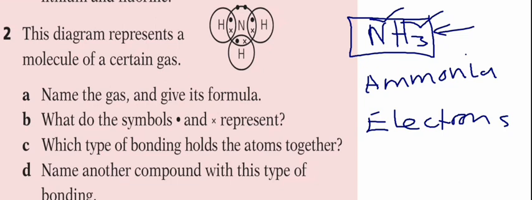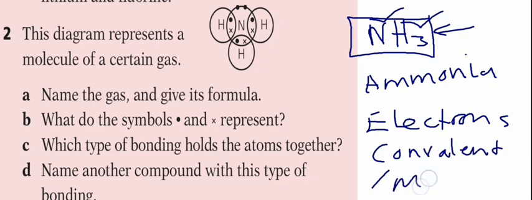Hydrogen can be a metal or a non-metal, but here it falls under ammonia, which is a gas, so it's a non-metal. The type of bonding that exists between two non-metals is called molecular bonding or covalent bond. So we are going to say a covalent bond or molecular bond. That is the type of bonding holding these atoms together.